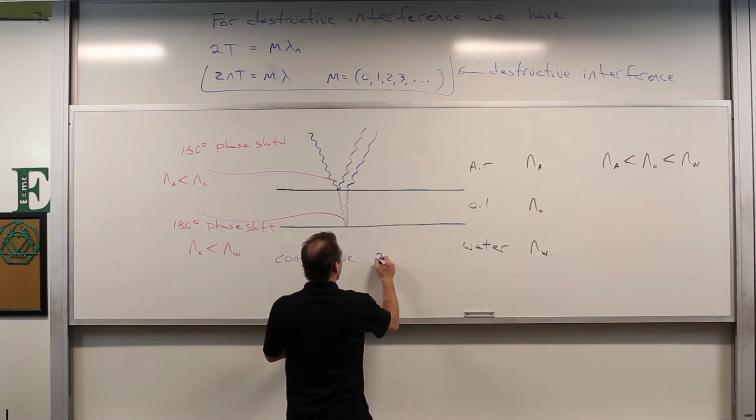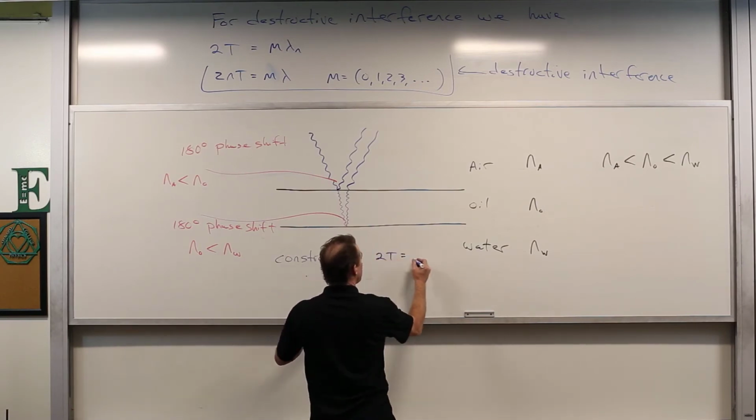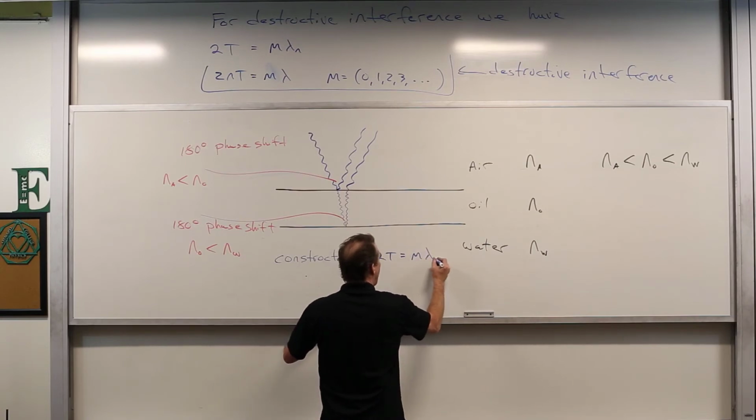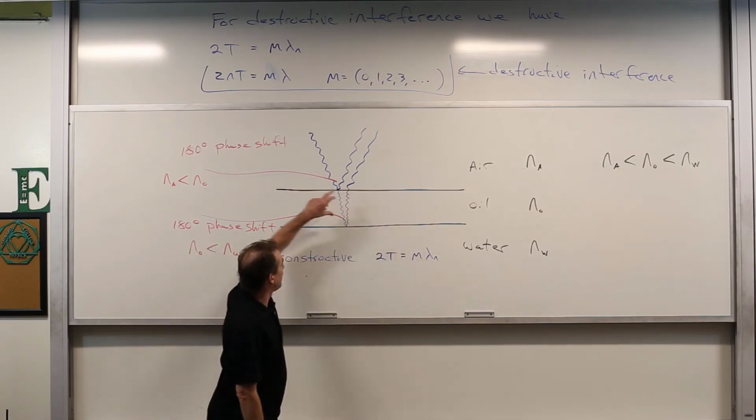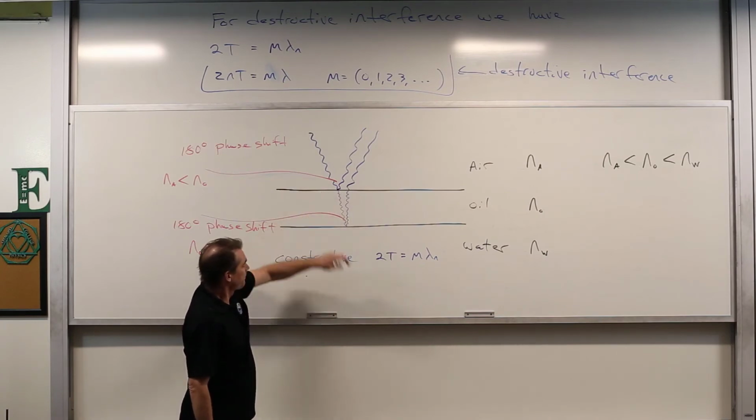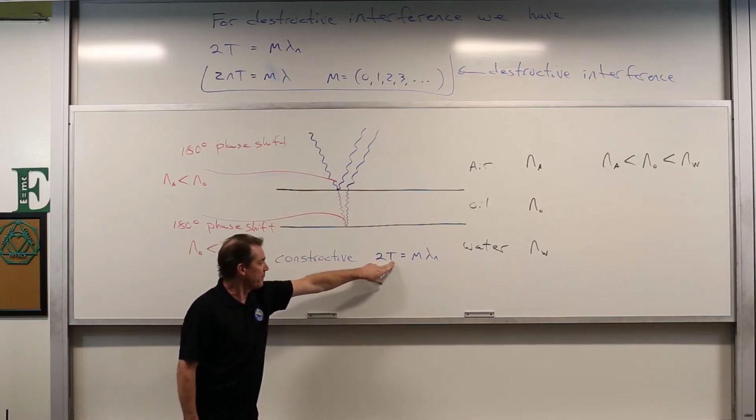we have that 2 times the thickness is equal to m times lambda sub n, an integer multiple of the number of wavelengths within the material is equal to 2 times the thickness of the material.